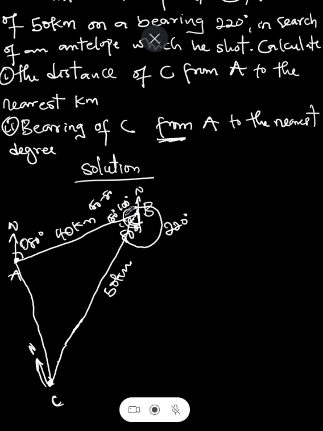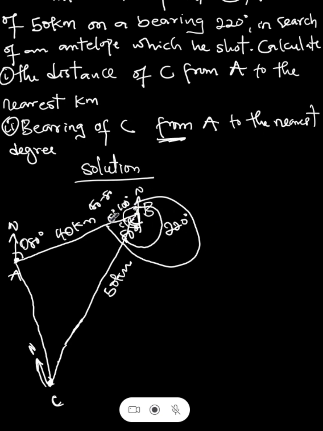So from this point to this point is 100 degrees. Then we can get from this point straight up to this point.